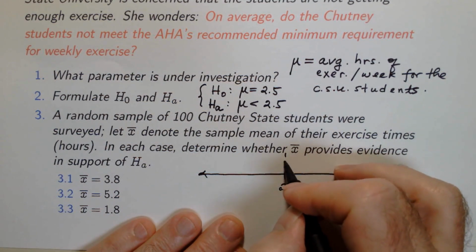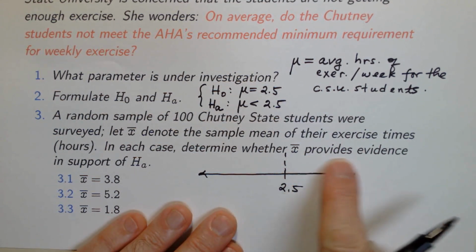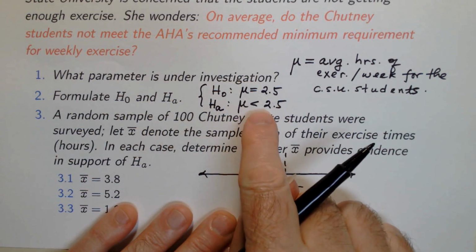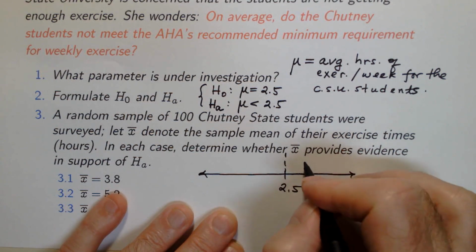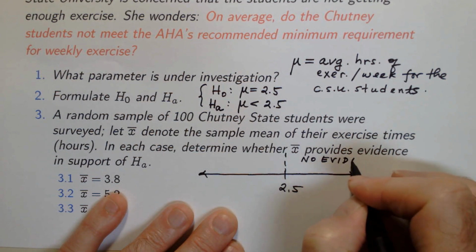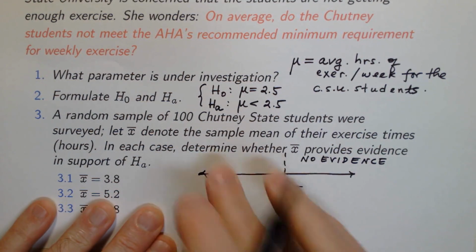And we would know that any value of X bar that's landing on this side of 2.5 is not providing any evidence in support of this significant claim here, right? So we would say that on this side, there's no evidence. And on this side, there's evidence.